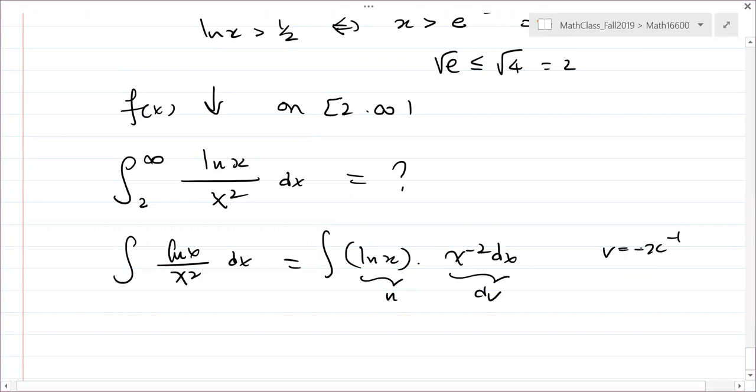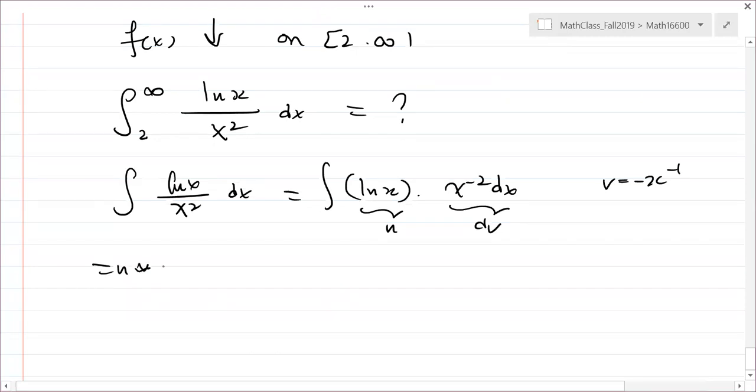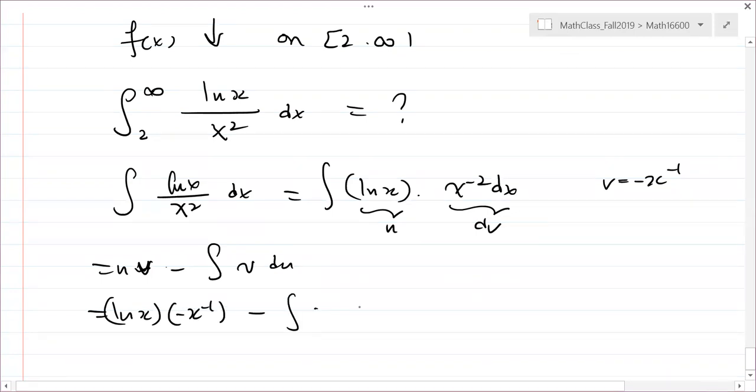When you differentiate, you get x to the negative 2. So it's uv minus the integral of v du. u is natural log of x, v is negative x to the negative 1, minus negative x to the negative 1 times du, which is 1 over x.